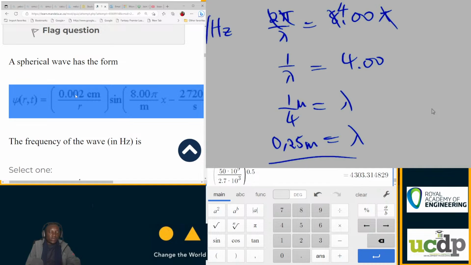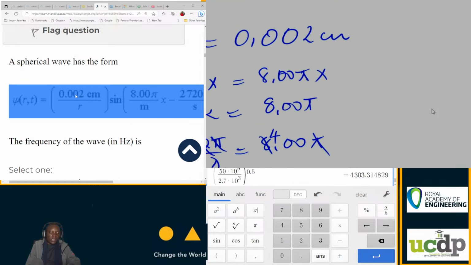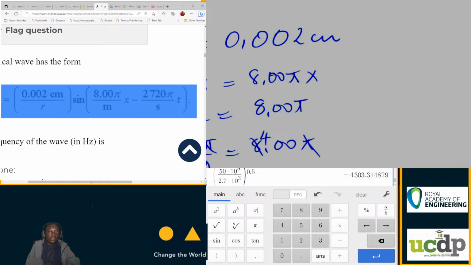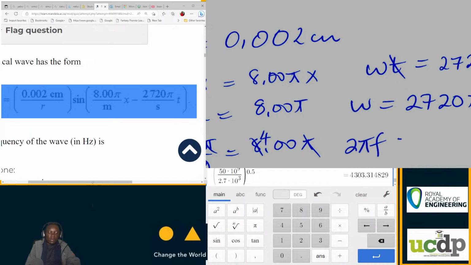But the question wants us to find frequency. In the same understanding, if I go further with this equation, I can see something in t there, which is basically omega t equal to 2720 pi t. So we can remove the t, and we remain with omega equals 2720 pi. Knowing that omega is 2 pi f, which is 2720 pi, I can remove the pi from both.